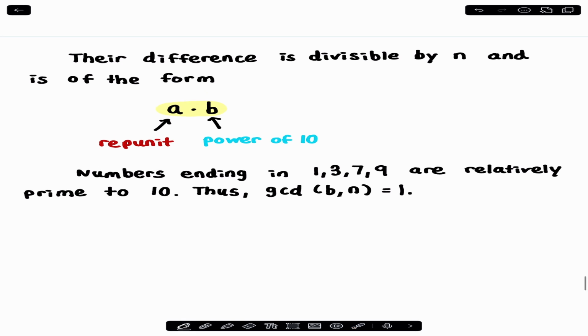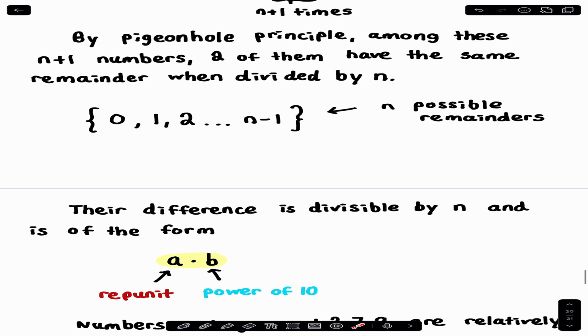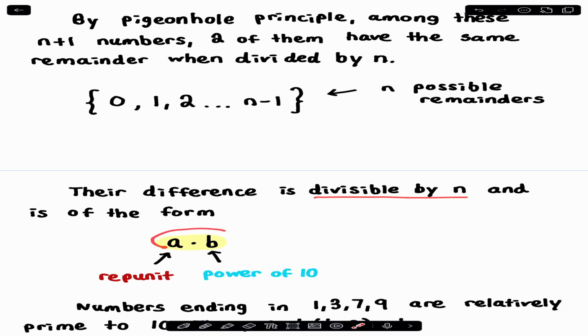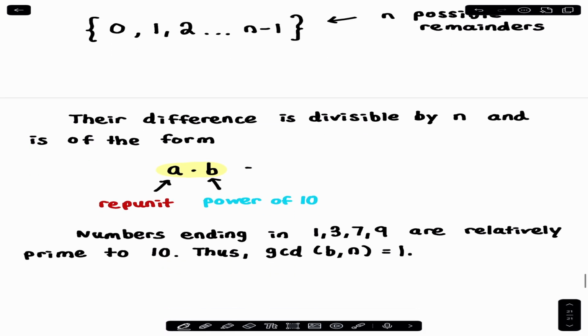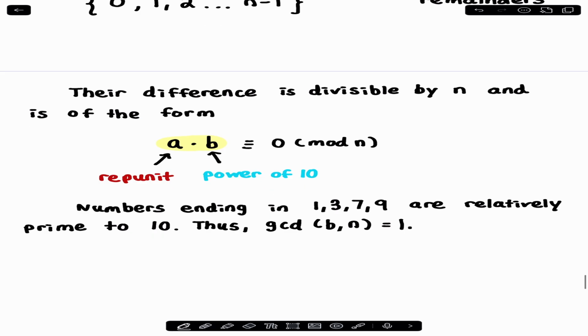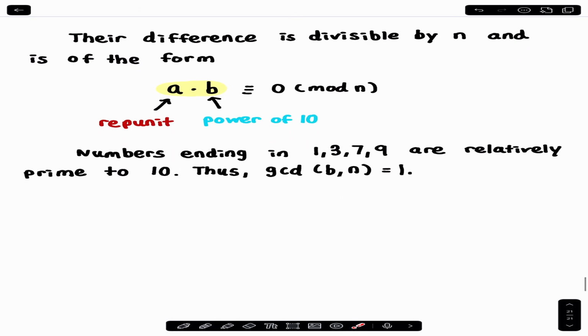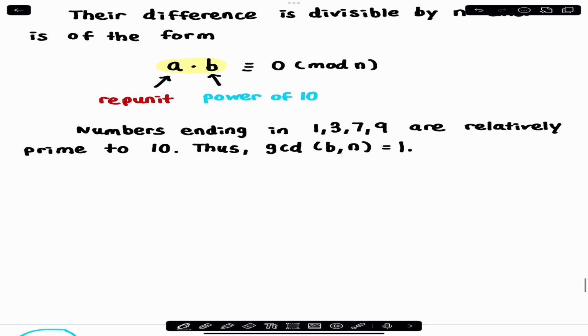Now remember, we said that the difference between these 2 rep units is divisible by n, and it has this form. That means this form is congruent to 0 mod n. But since we've already determined that the GCD of B and n is equal to 1, in other words, B is not divisible by n, that means this must be divisible by n. So let's erase this part.